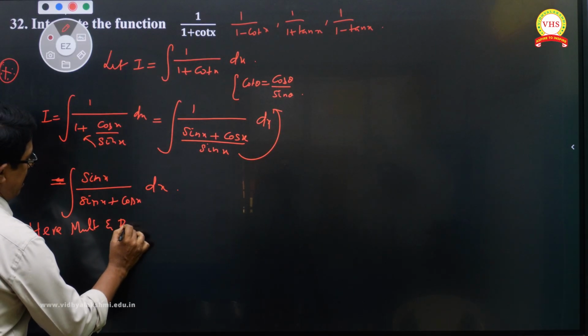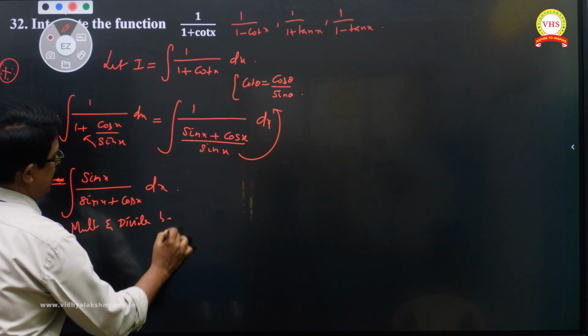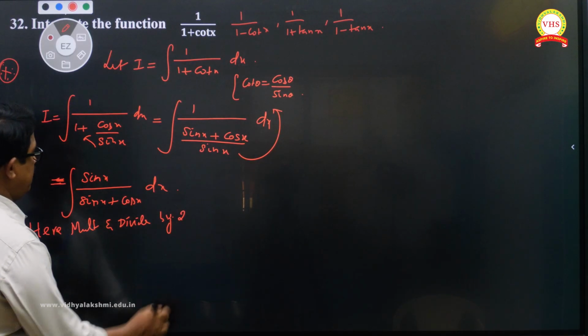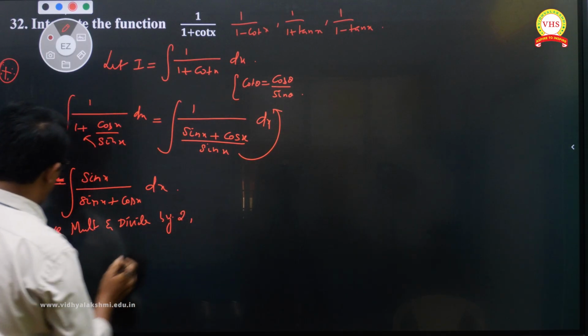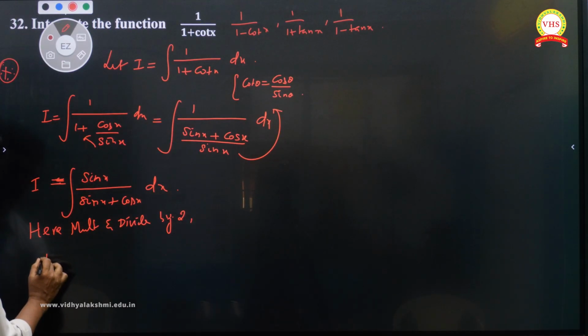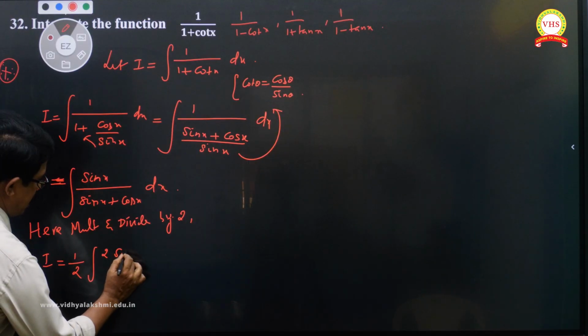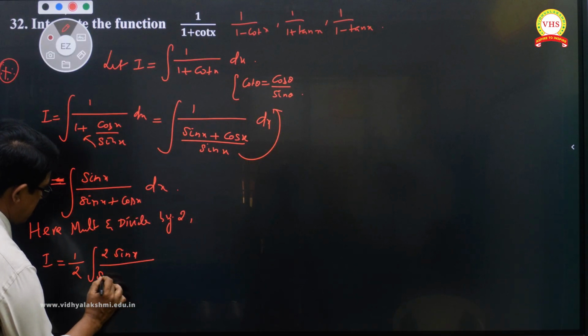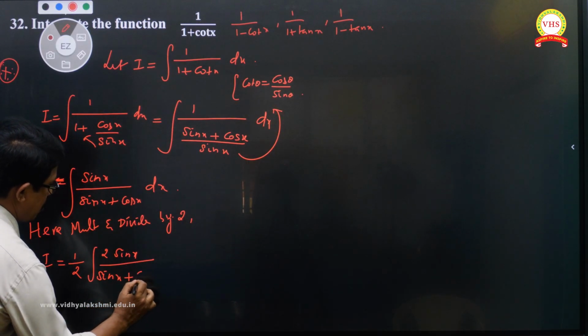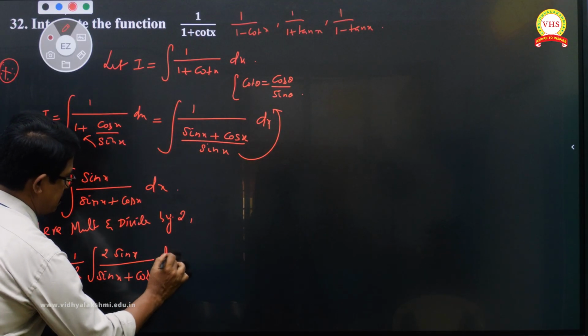Multiply and divide by 2. What do we get? I equals 1 by 2 into the integral of 2 sin x divided by sin x plus cos x. Students, any doubt please?